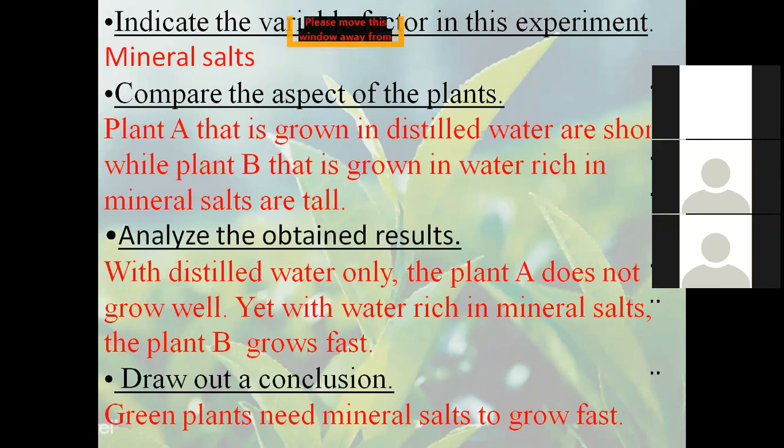Analyze the obtained results. With distilled water only, plant A does not grow well, while with water rich in mineral salts, plant B grows fast. So what is the conclusion? The green plants need mineral salts to grow fast.